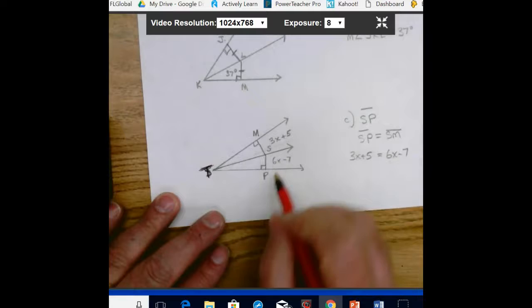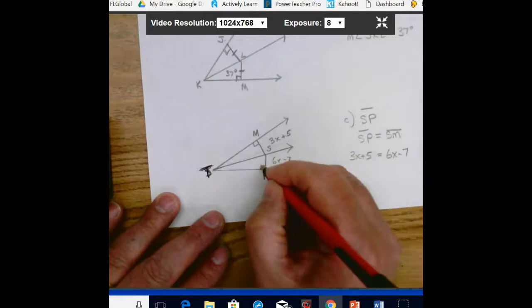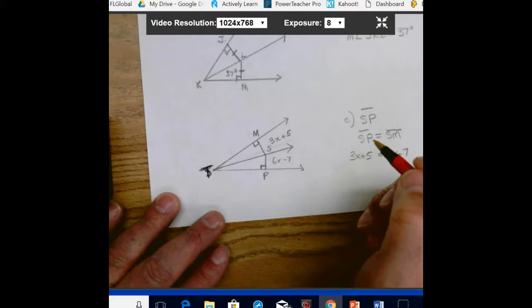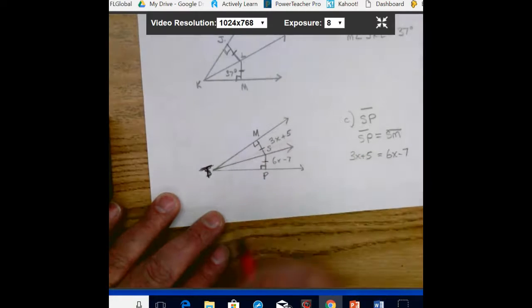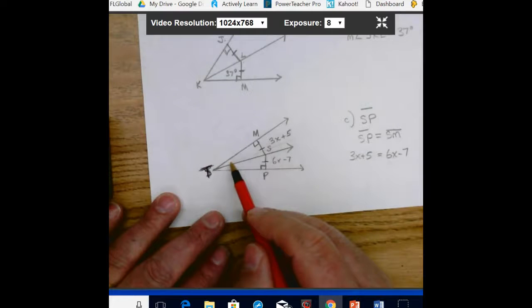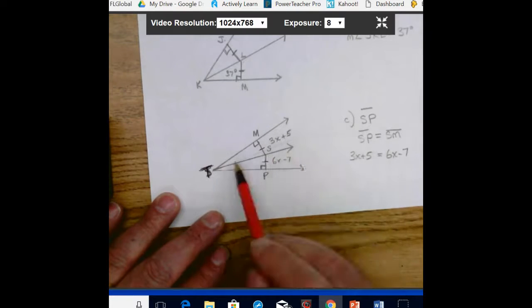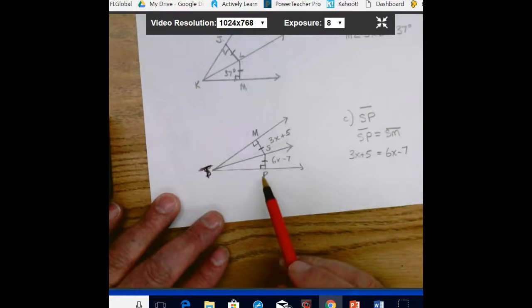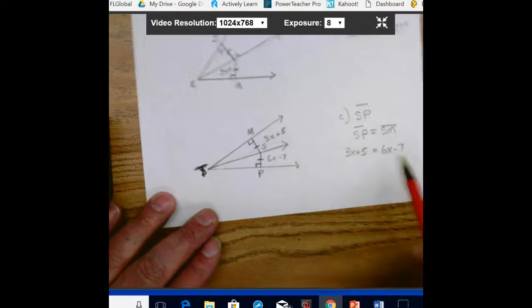Okay, we can see this is kind of an angle bisector, perpendicular lines, right? And then they meet here, and we would have to see that these should have some kind of indication, because we can't just look at it and say, yeah, it looks like it. We need some kind of indication that it is an angle bisector, and if these two are equal to each other, we could then say it is an angle bisector, and because of that, we can make this equal to this. So then we just do that.